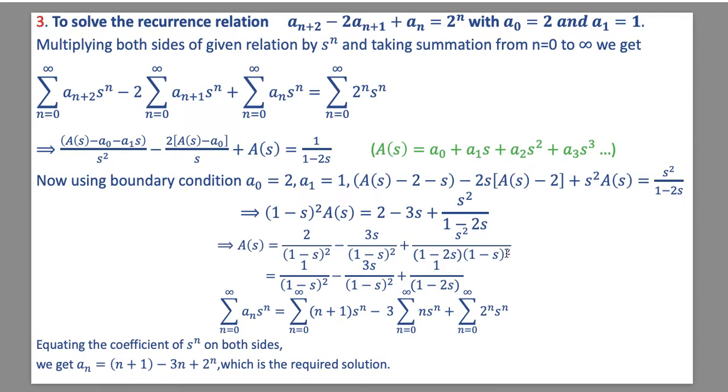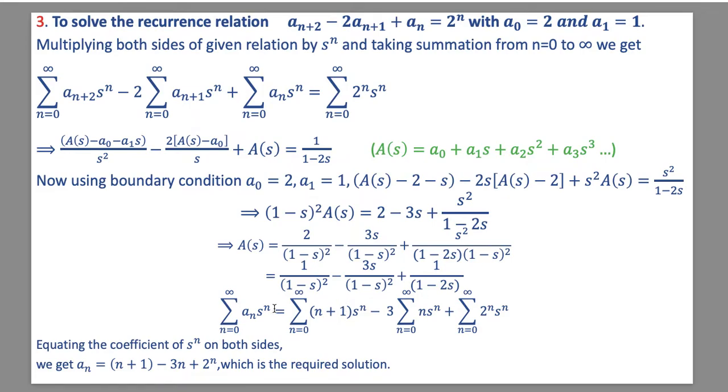Again, I have written these steps directly because we can further simplify this to get the partial fractions, because here we have two factors, but I have written all the terms directly because you know how to find the partial fractions now.